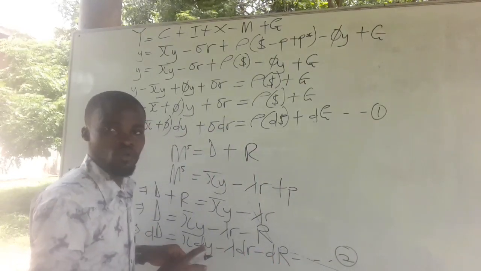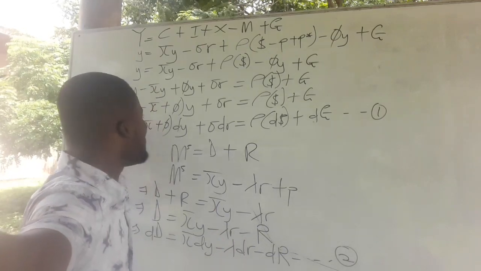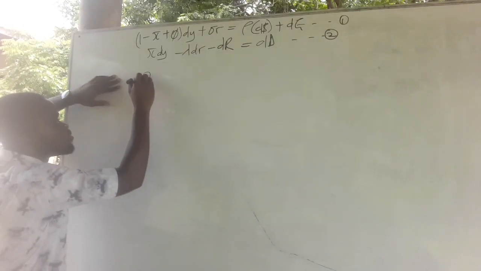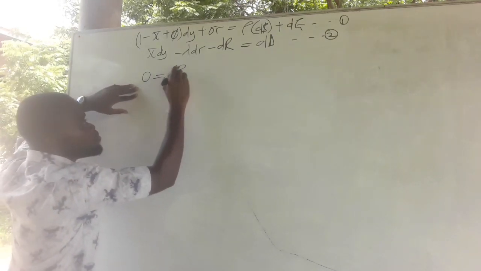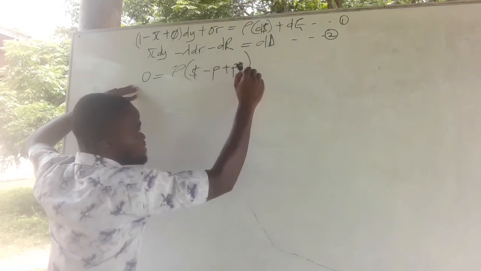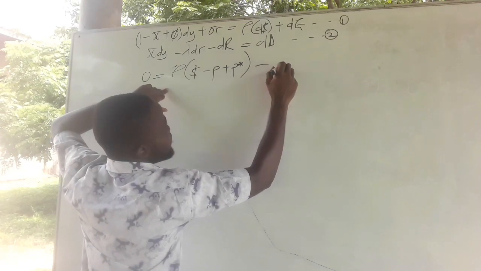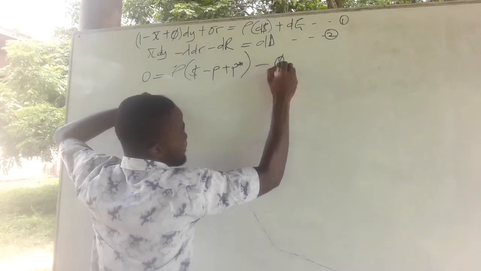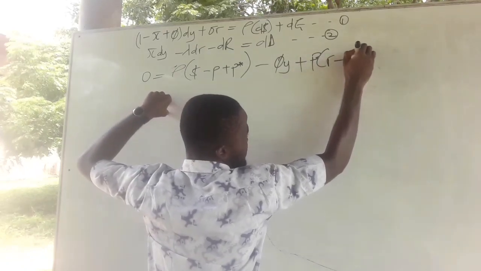Now, the last thing we have to do is to also work out the BOP curve. We start with when the BOP is equal to 0. When the BOP is equal to 0, our exports, rho into bracket dollar minus domestic price plus foreign prices, minus pi y, plus beta r minus r star.